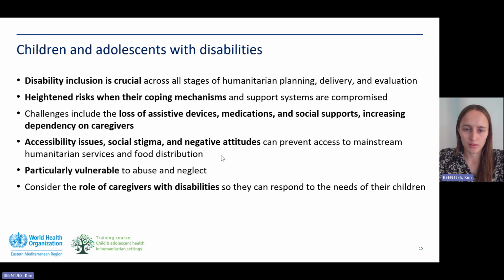There can be social stigma and negative attitudes that can prevent access to the mainstream humanitarian services and to food distribution points. Children and adolescents are particularly vulnerable to abuse and neglect, especially when they have disabilities. And in the planning of humanitarian actions, it should be considered that caregivers can also have disabilities, which should be included so they can respond to the needs of their children.